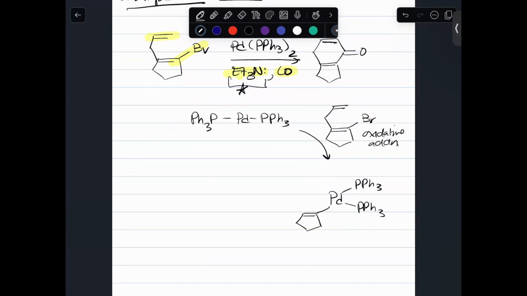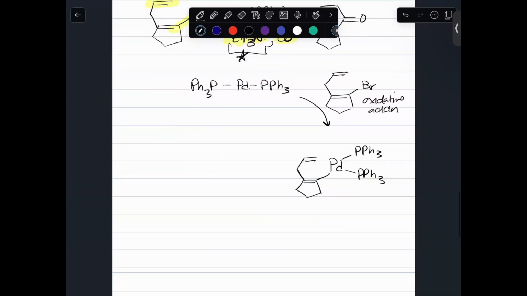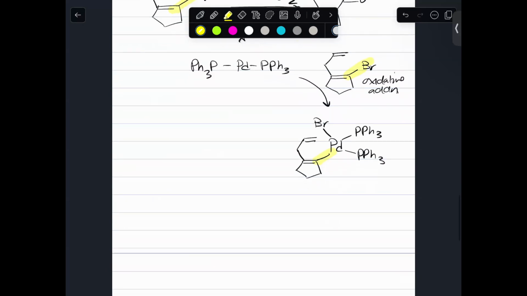I know I usually draw my oxidative addition step on the right, but I just want to keep it consistent with my starting material. And so if you notice, I've stayed consistent. I don't want to move things around or flip things around and just confuse myself even more. I add the carbon monoxide.